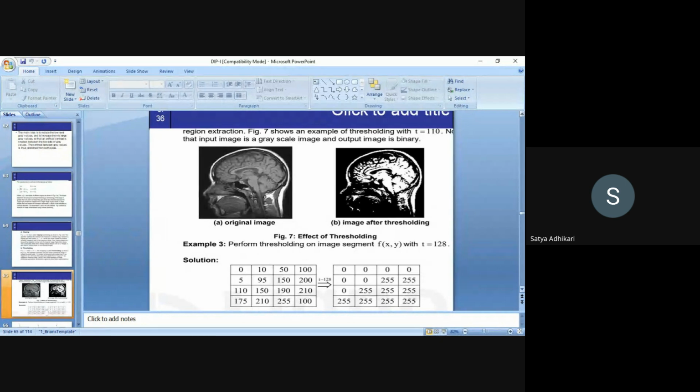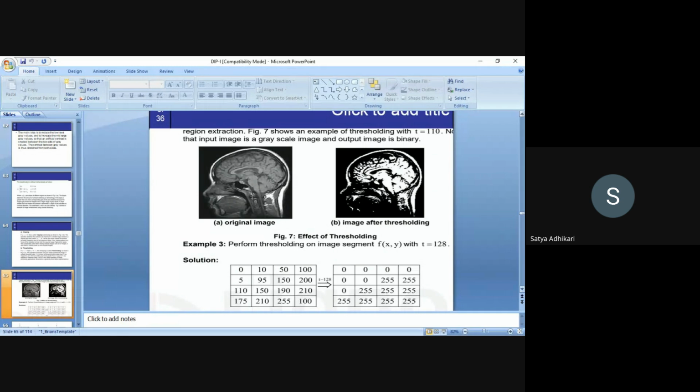You see here, 0 is mapped to 0, 10 is mapped to 0, 50 is mapped to 0 because it is less than 128. 100 is also mapped to 0, 5 is mapped to 0, 95 is mapped to 0, but 150 is mapped to 255 because it is greater than 128.